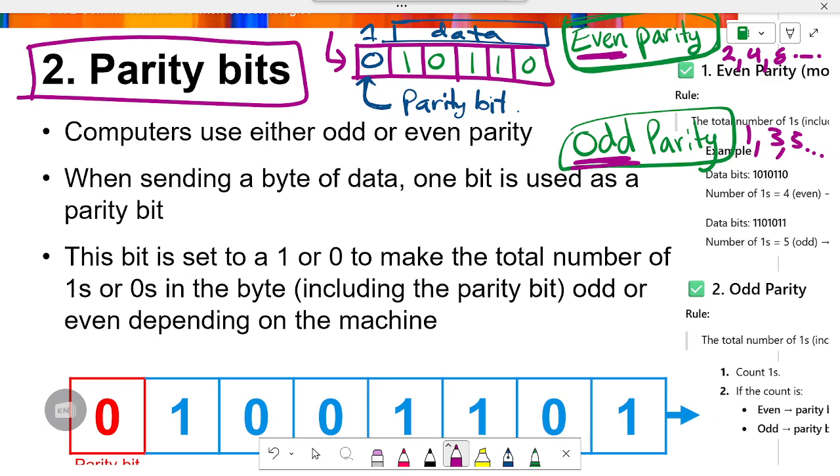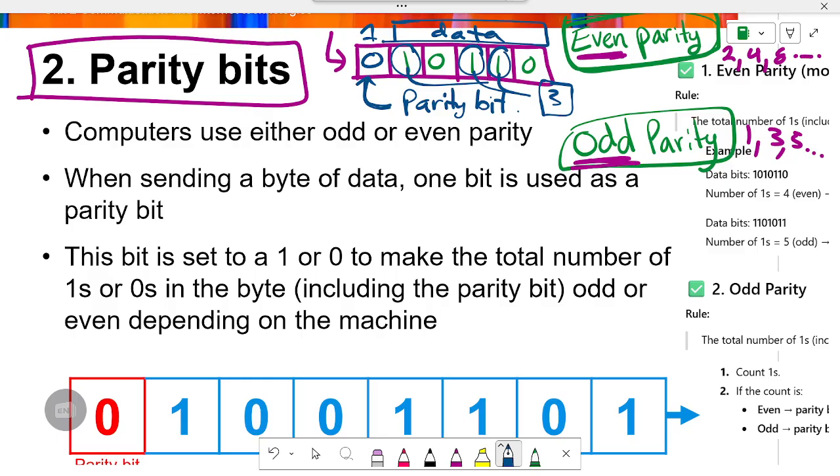So, watch this. The idea is first you have to count how many ones are in the data. Carol? How many ones are in the data? I have 3. 1, 2, 3. 3, this is an odd number.